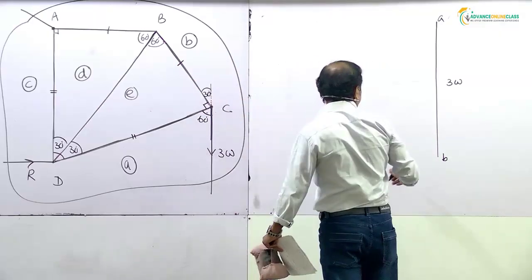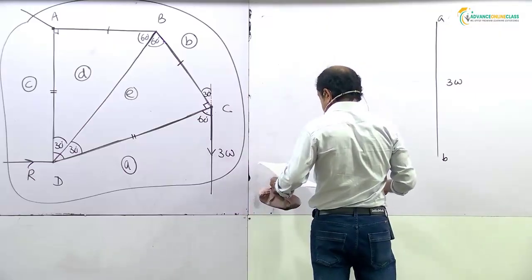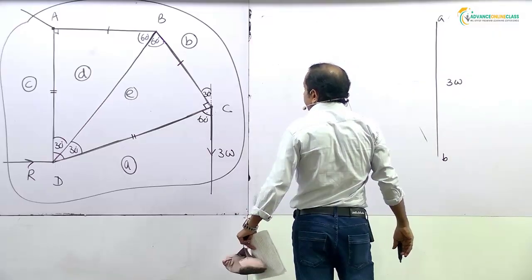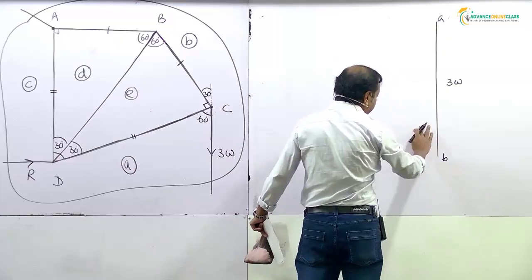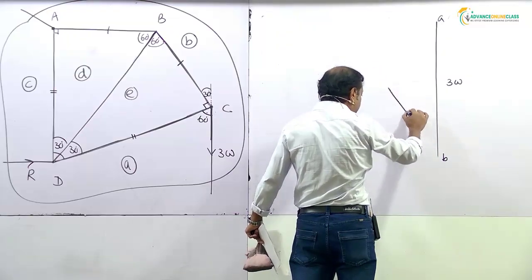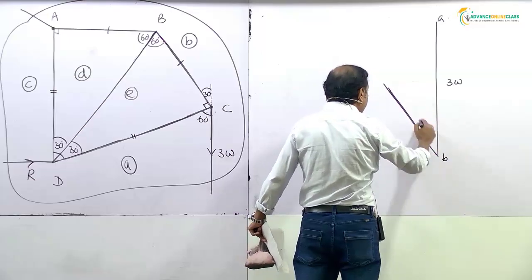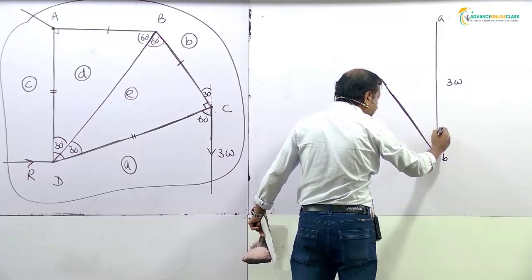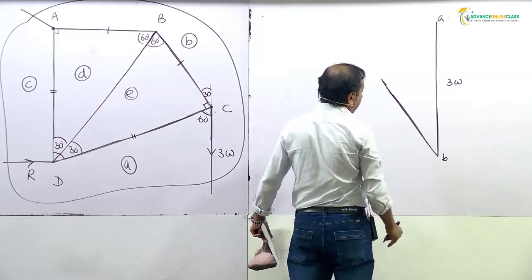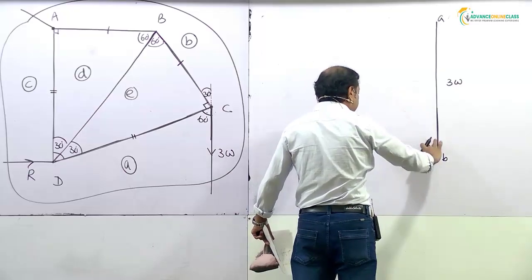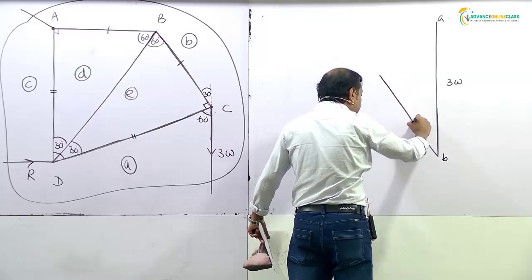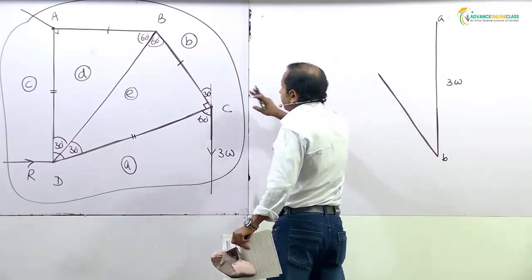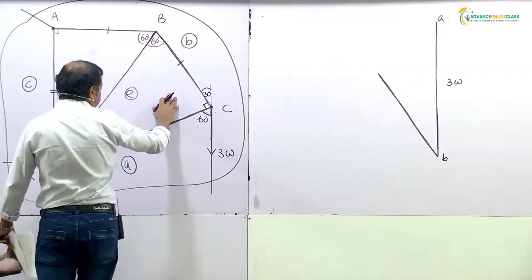BE. B here with vertical 30. Parallel to BC rod, draw a line through the point B, making 30 with the vertical like this. On this line we should have the point E. Right.